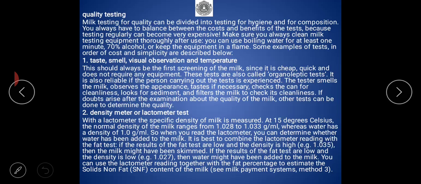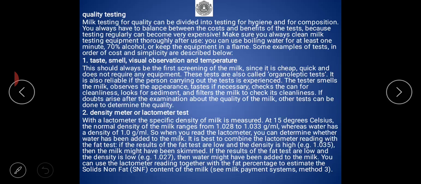With a lactometer, the specific density of milk is measured, and at 15 degrees Celsius, the normal density of the milk ranges from 1.028 to 1.033 grams per ml, whereas water has a normal density of 1.0 gram.